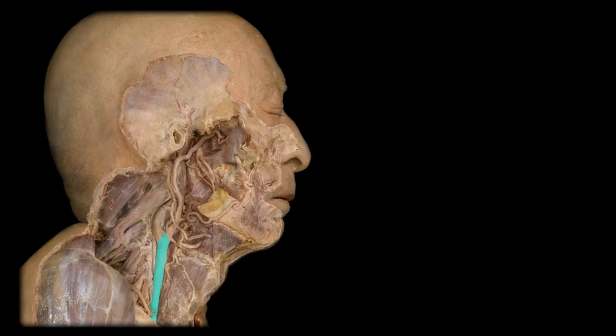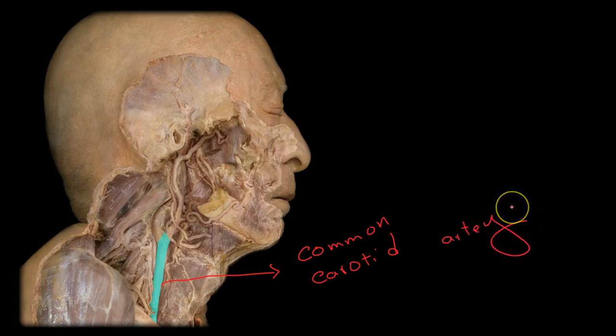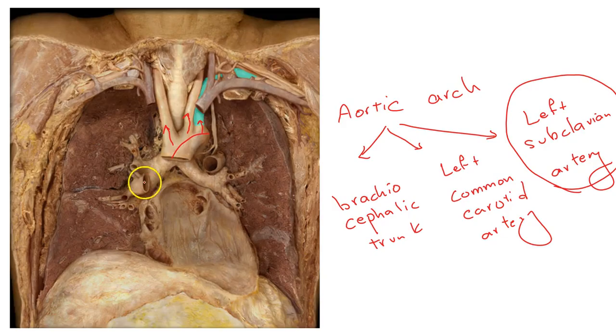Okay, some other blood vessels that we can find in the neck region. So here in this picture, you can find the common carotid artery. If you remember, the left common carotid artery is a branch of the aortic arch, but the right common carotid artery is a branch of the brachiocephalic trunk.